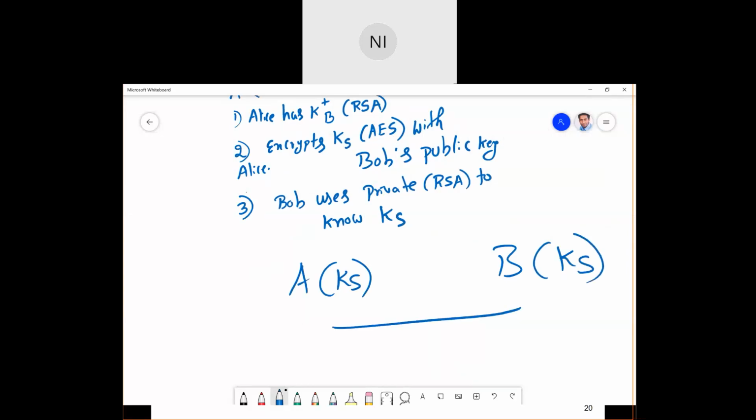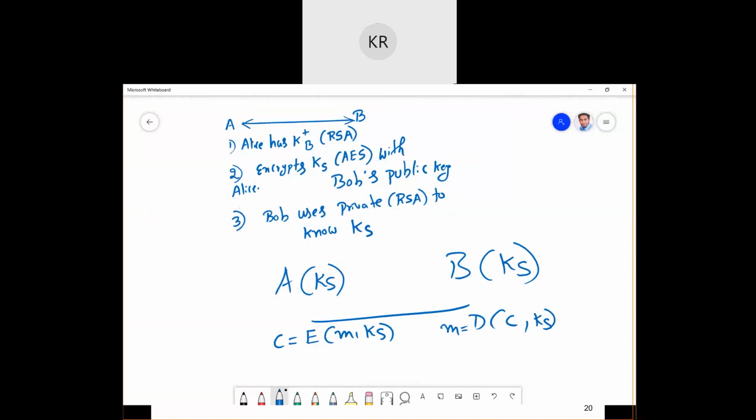Now Alice encrypts the message using KS, and Bob decrypts the message, or let's call it C, using KS. So look at what I'm talking about here, Vamsi.